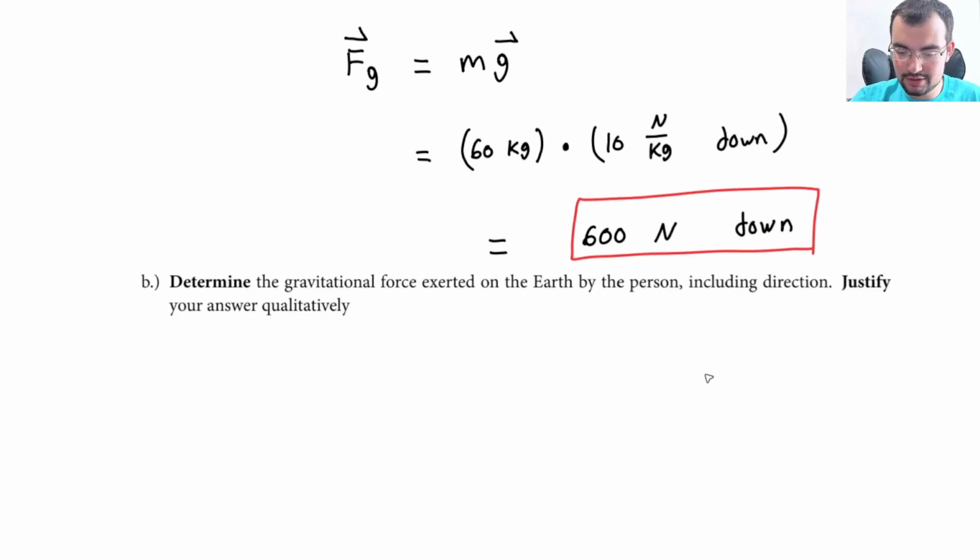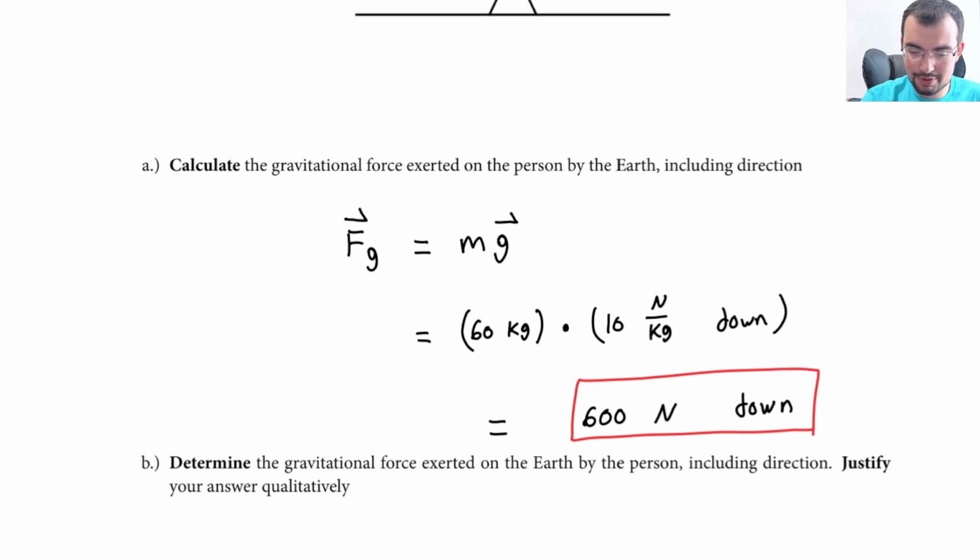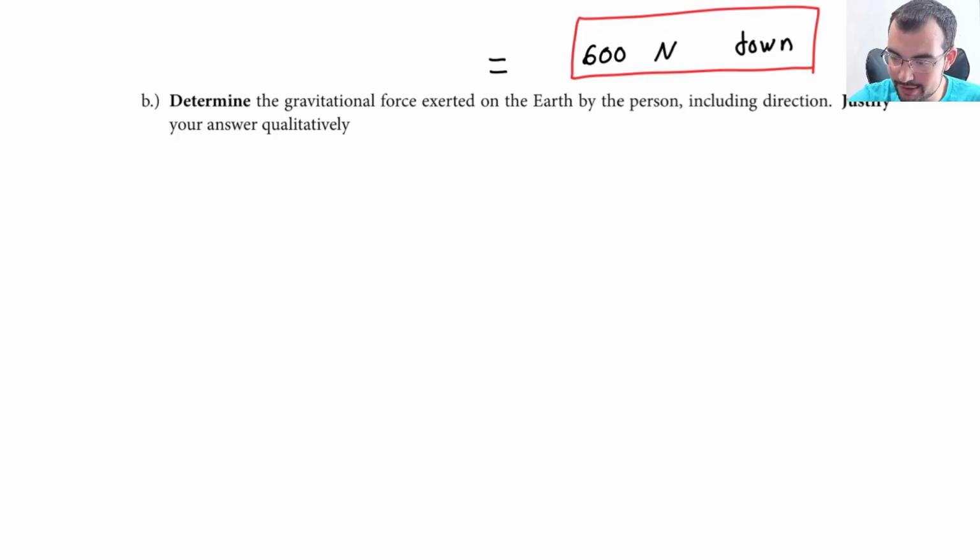But notice we just have this sort of linguistic swap where we have force exerted on the person by Earth, on the Earth by the person. So anytime we just swap the order of which object is exerting the force versus receiving it, that's our key that it's actually Newton's third law, right?